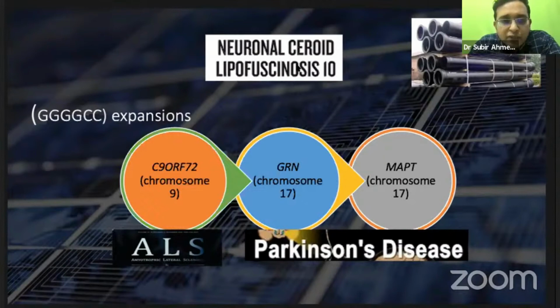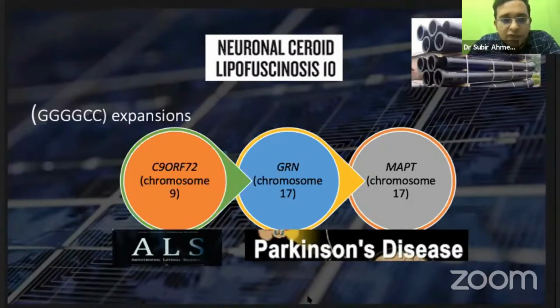So homozygous mutation in progranulin could result in neuronal ceroid lipofuscinosis. This is a constellation of many diseases. You must have heard of Kufs disease, Santavuori disease, etc. This is due to homozygous mutation in progranulin, and NCL can occur.